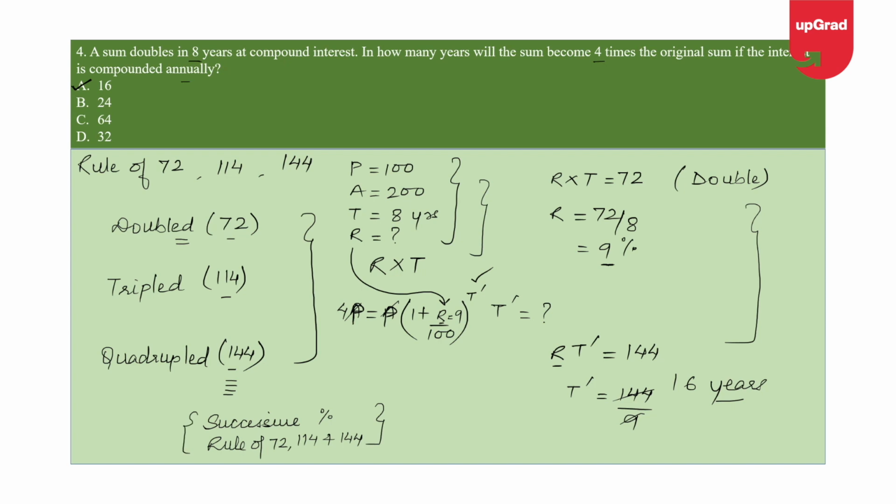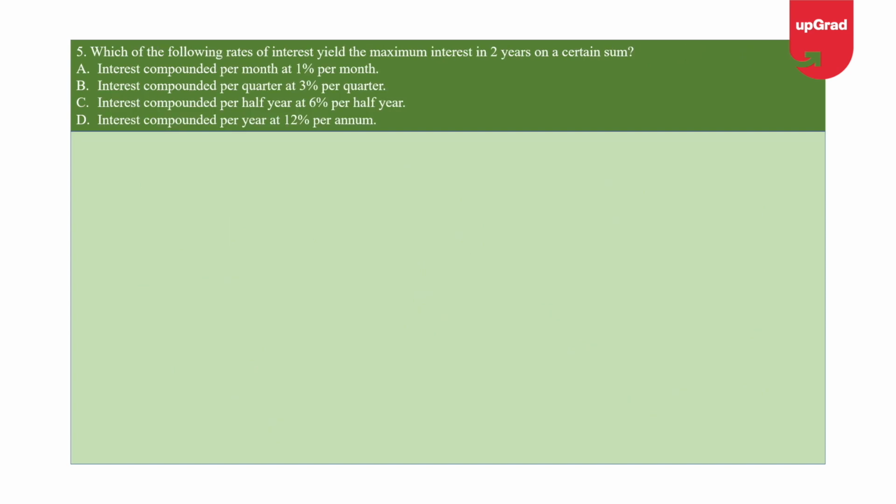Let's take another question. Which of the following rates of interest yield the maximum interest in 2 years on a certain sum? Now, please understand this is a theoretical question. I hope you would understand if we are increasing on time, interest amount will increase.